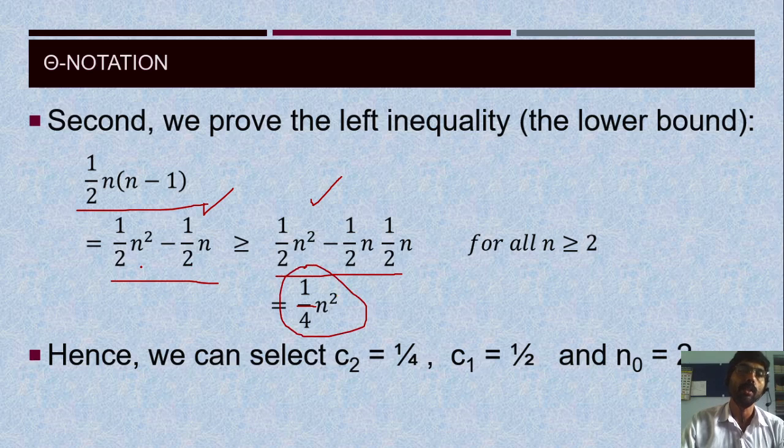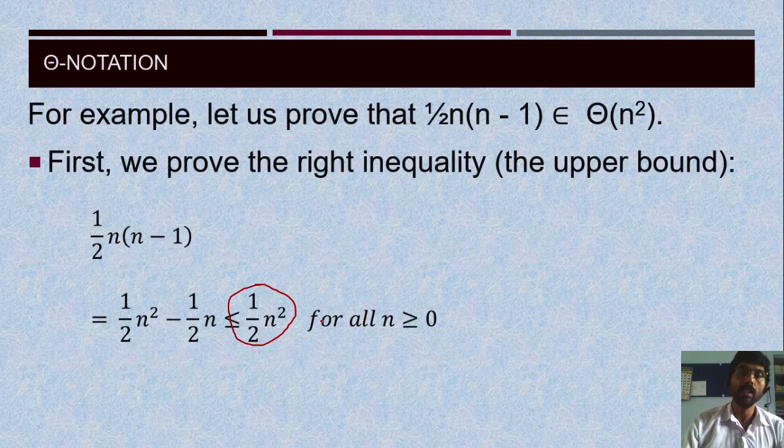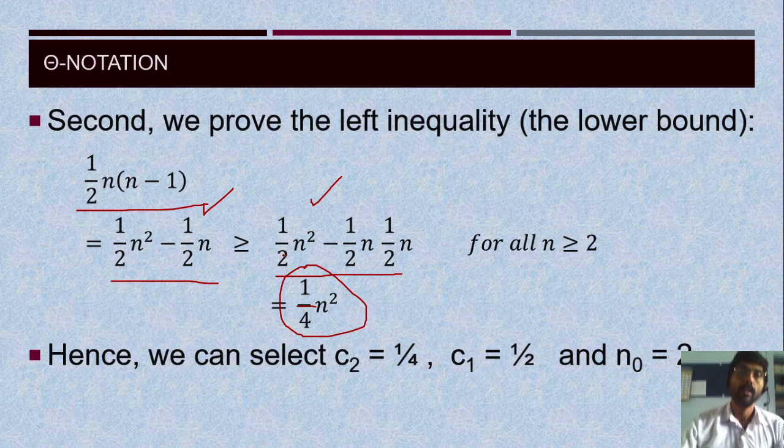This 1 divided by 4 into n square is always smaller than this one. It means our algorithm is always bounded below by 1/4 of n square. So here C1 is half and C2 is 1/4. And I am choosing n naught as 2.